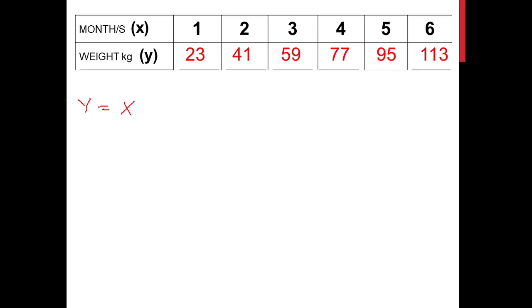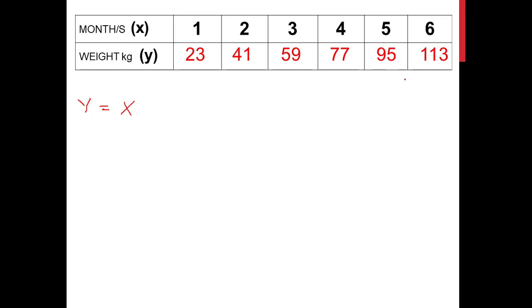Now let's try to substitute one value here of x, see if we could get the value of y. So when x is 1, y is equal to 1. But here, y is equal to 23. Right? So again, what's the next step?